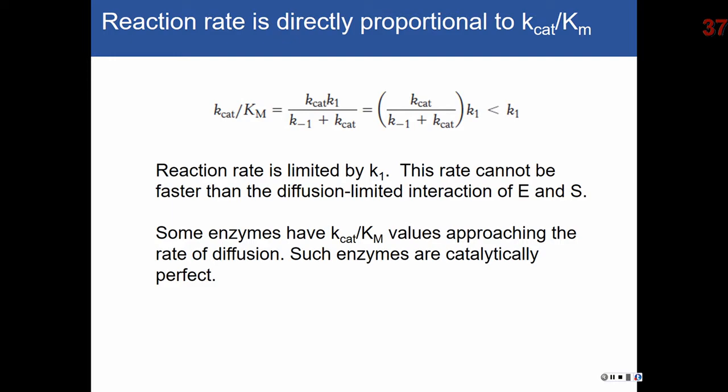We also know that things are rarely perfect. So you can approach that, but rarely are you going to reach that exactly. So, the ratio of kcat per Km.